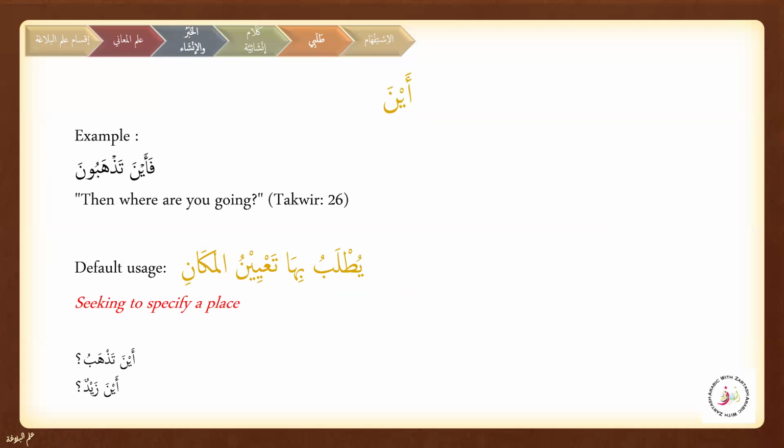So the default usage can be يطلب بها تعيين المكان, seeking to specify a place. أين تذهب؟ أين زيد؟ Here in the ayah it is not for the makan, but it is rhetorically used: فأين تذهبون, then where are you going? In Surah Takwir, ayah number 26. But the default usage is يطلب بها تعيين المكان, seeking to specify a place. This is how we see ayna used.